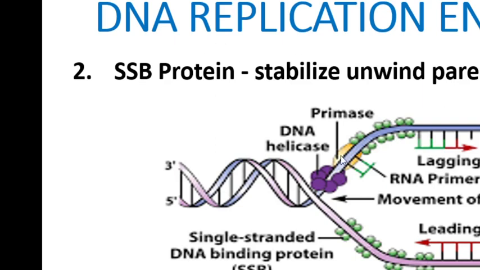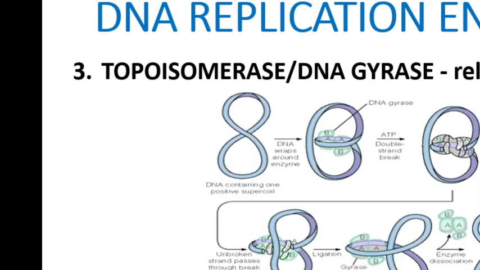As you can see here, this color green stands for SSB. So literally you stabilize the whole situation in order for your DNA to not go anywhere. Okay, so next we have your topoisomerase, or your DNA gyrase.